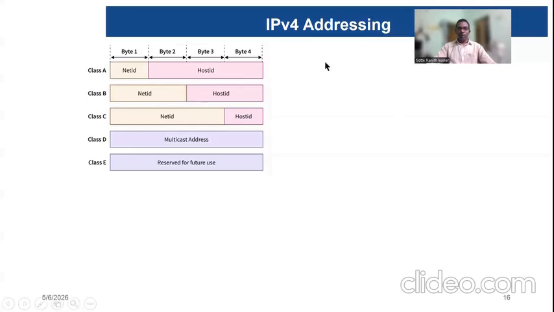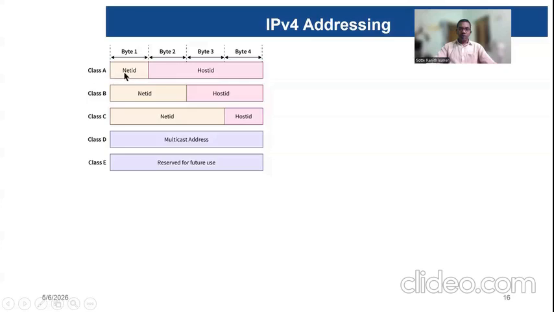These IPv4 addresses are again divided into 5 classes, class A, B, C, D, E. Each class is again divided into 2 parts, network ID and host ID, or network part and host part.